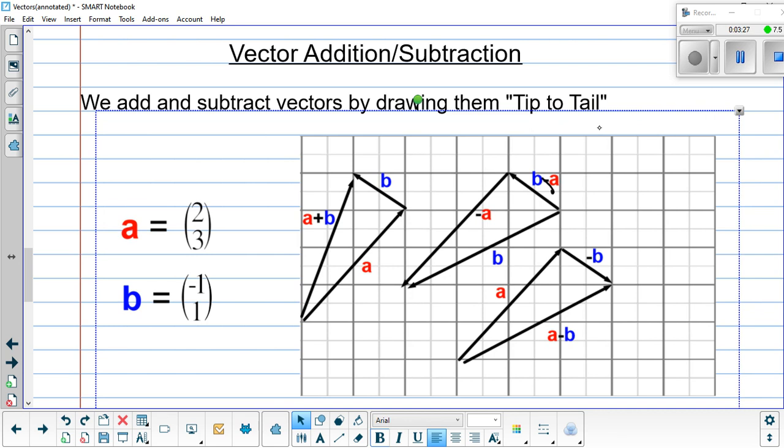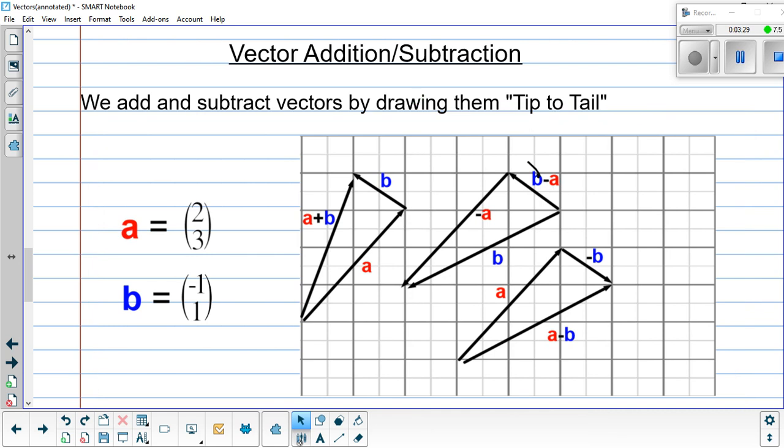I apologize. That's not actually B minus A. That should be B minus A down there, and that should just be B. I apologize for that.